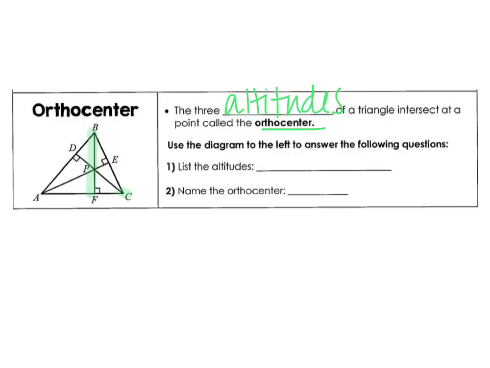C from the vertex to D, that would be another altitude, and A to E would be another altitude. So if we're listing out all the altitudes, we would say BF is an altitude, AE is an altitude, and CD is an altitude. And our orthocenter would be P.